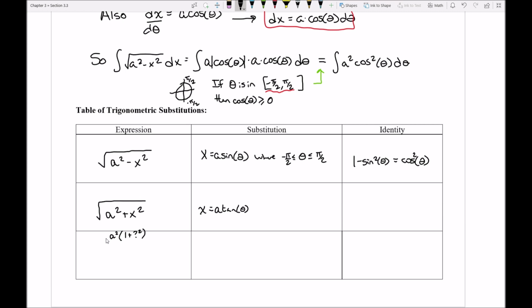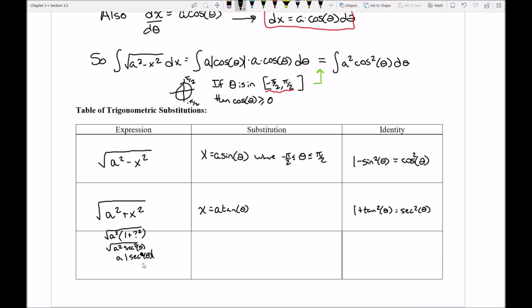Now, take a look here as I'm scribbling down loosely what some of the scratch work would look like. Notice that if I had a 1 plus a tangent squared being pulled in here, I could use the identity that 1 plus tangent squared of theta is equal to secant squared of theta, which would leave me with a secant squared of theta under my radical. When simplified down, this would produce a and an absolute value of secant. That should be secant to the first power there, so just pretend that's scribbled out.